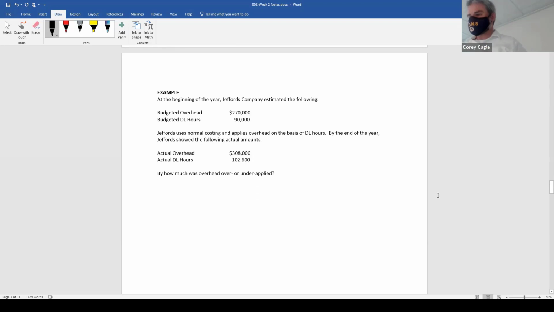We'll bounce back and forth on this, but looking at this simple example, they can give you 4 numbers and ask you so many different questions. They could have given us these 4 numbers and just asked us, what's their predetermined overhead rate? We know a predetermined overhead rate is going to be all based on budgeted numbers.